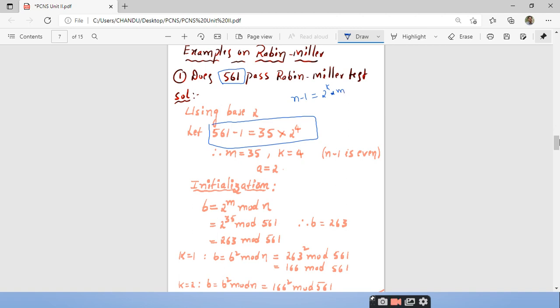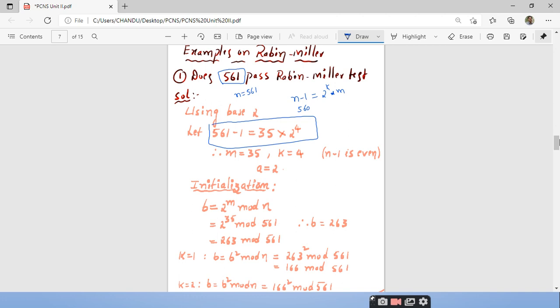This is the formula you have to use. So what is n here? What is the value of n? 561. 561, sir. So if n minus 1 is taken, what is the value?